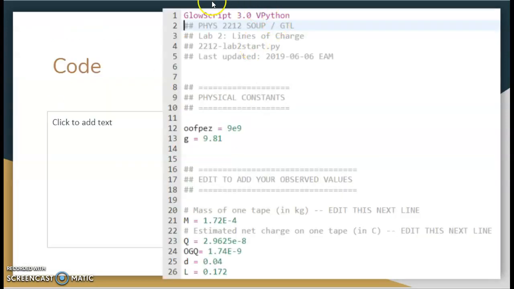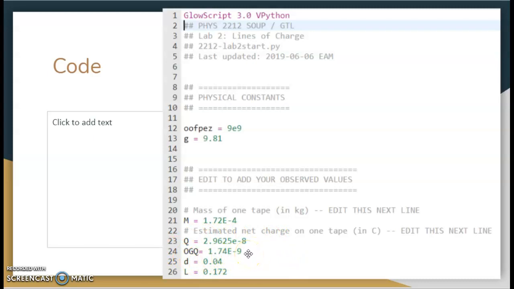So the first few lines of the code include most of the physical constants and the input of certain data. As you can see, we have our constant K and our gravitational acceleration, 9.81 meters per second squared. We also put in the mass of the tape, the separation distance, the length of tape, and right here specifically, this line, Q0.